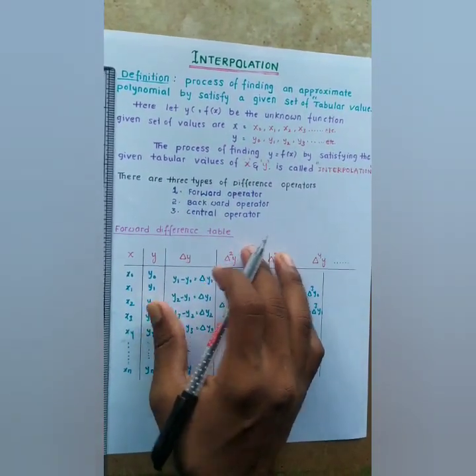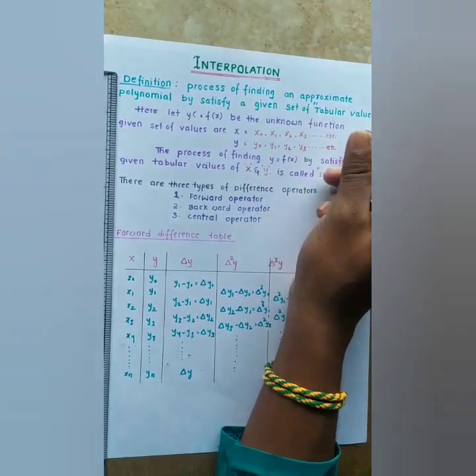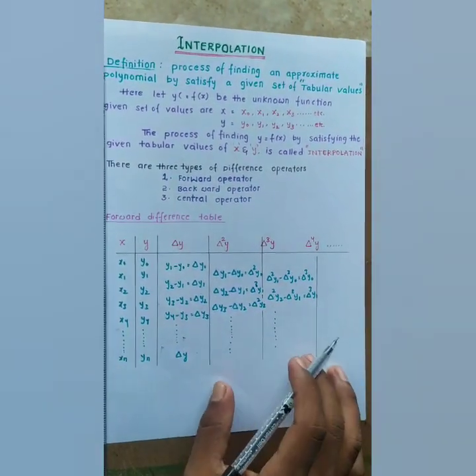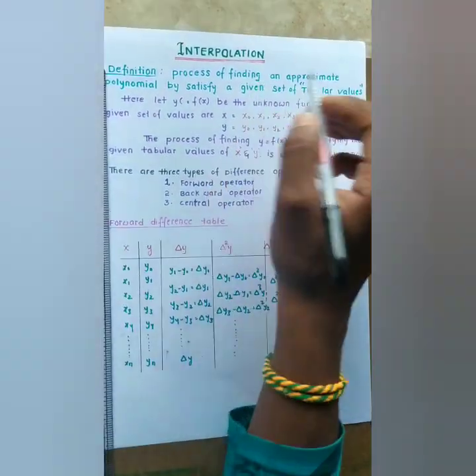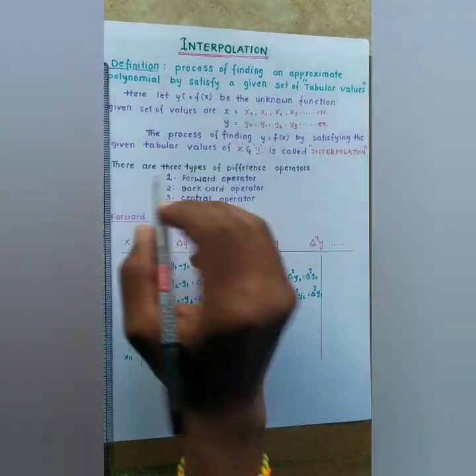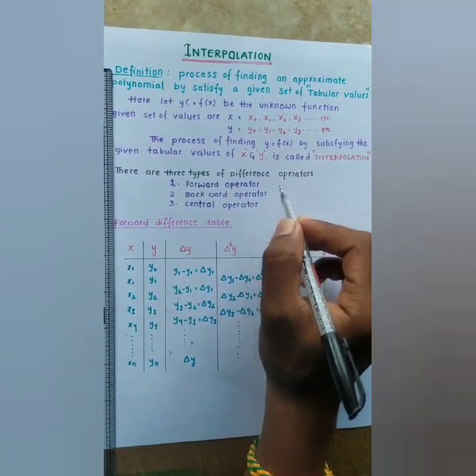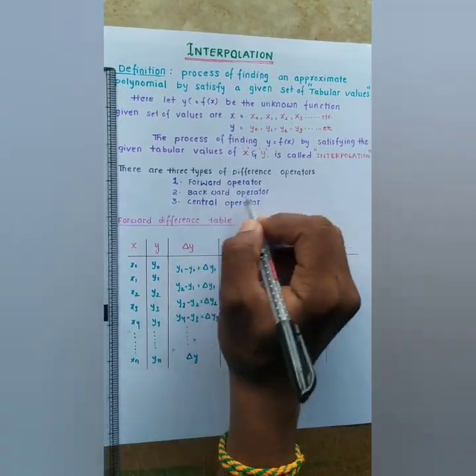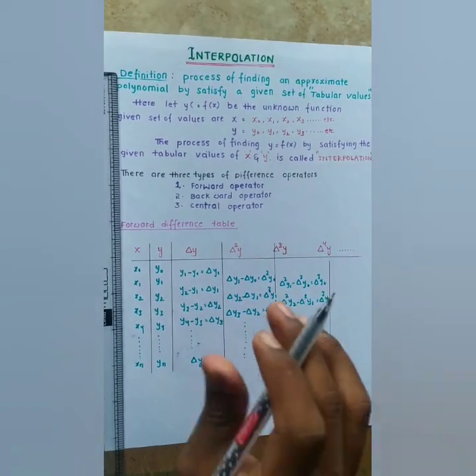To find the approximate polynomial, there are three different types of operators: forward operator, backward operator, and central operator.